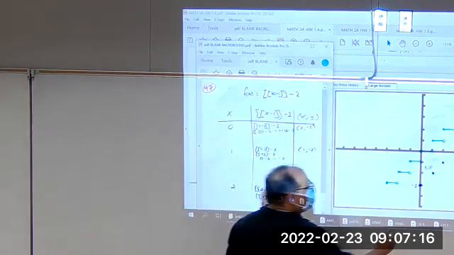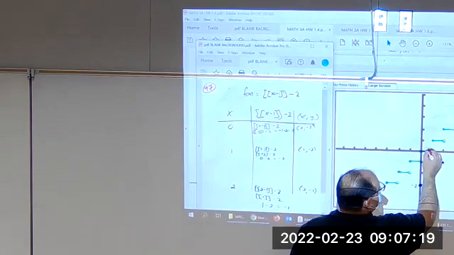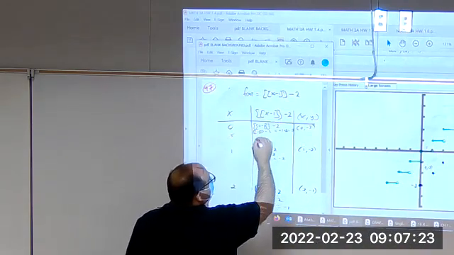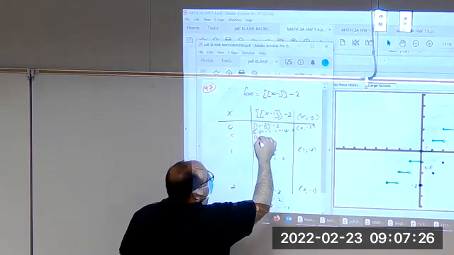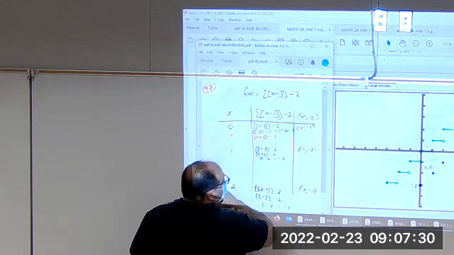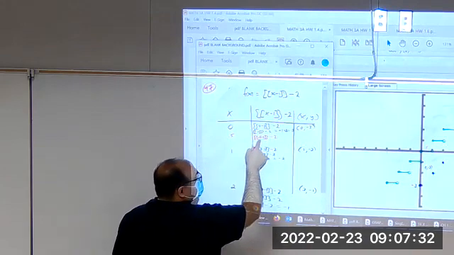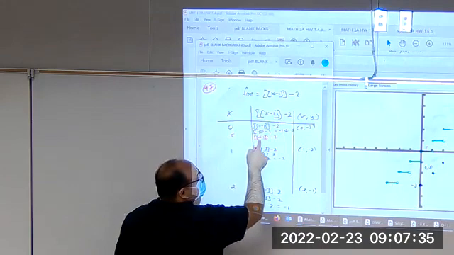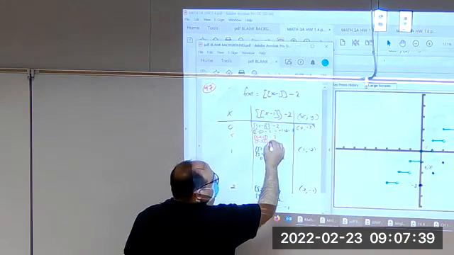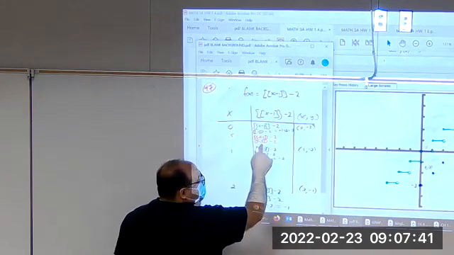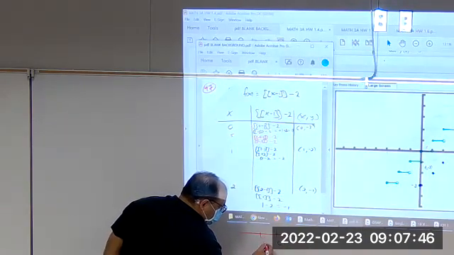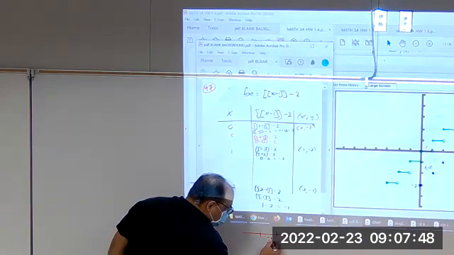So let's go straight to 0.5. If I use 0.5, that would be 0.5 minus 1, and then you take away 2. 0.5 minus 1 is -0.5, minus 2. The greatest integer, so on a number line, here's 0, here's -0.5.